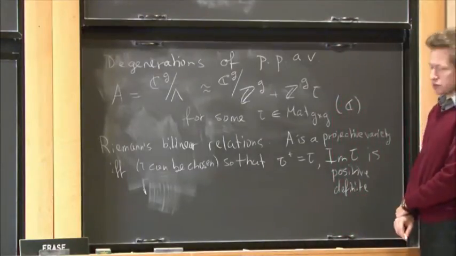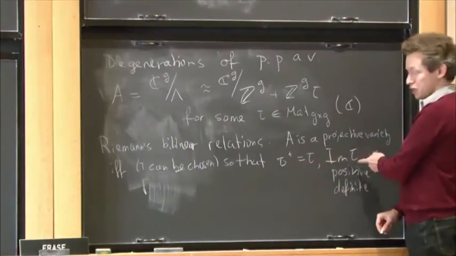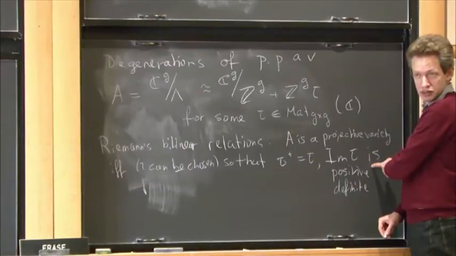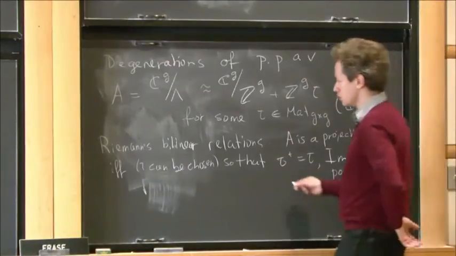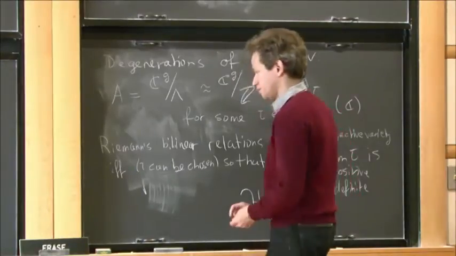Okay. If you think about the genus 1 case, every 1 by 1 matrix is symmetric. The imaginary part should be positive. That's your upper half plane. In general, the space of such matrices is called the Siegel upper half space.